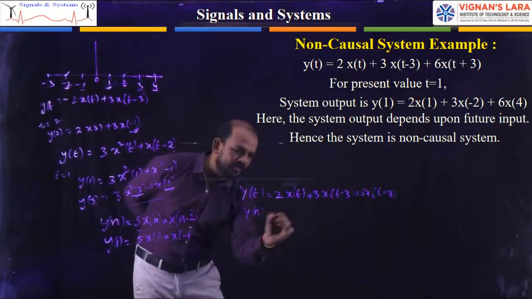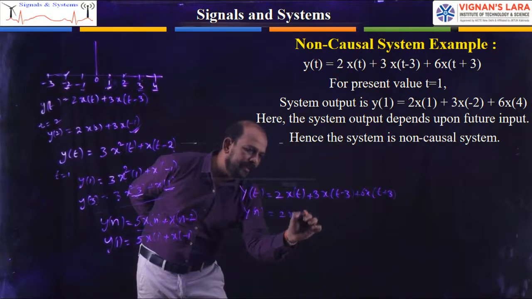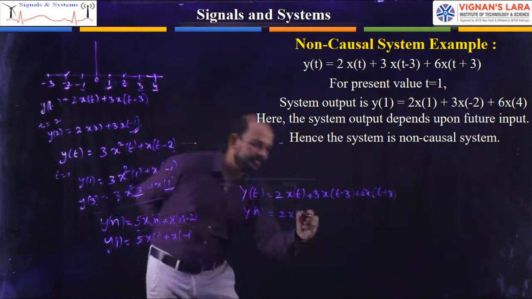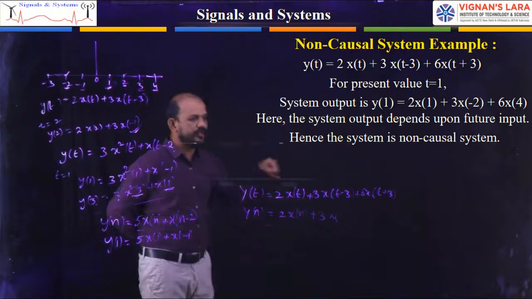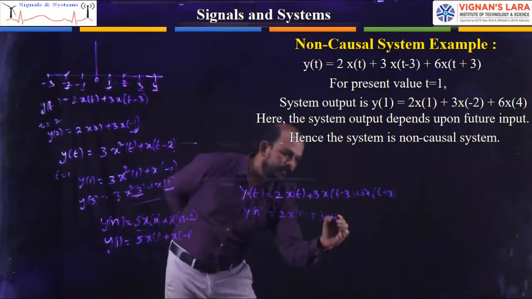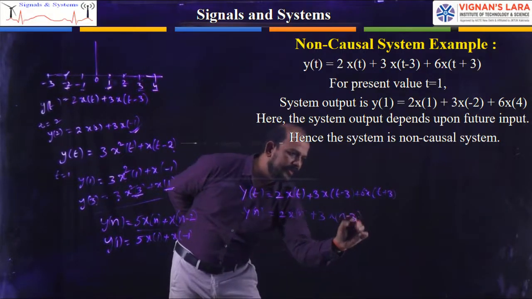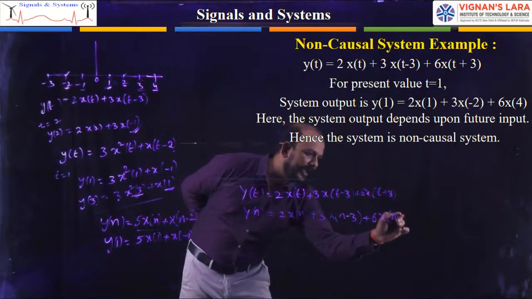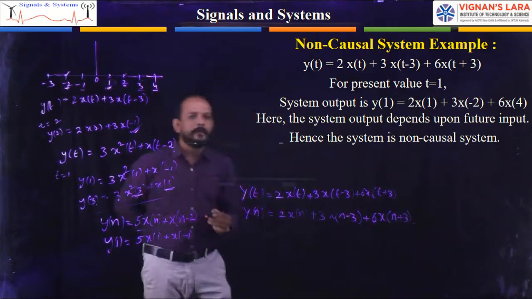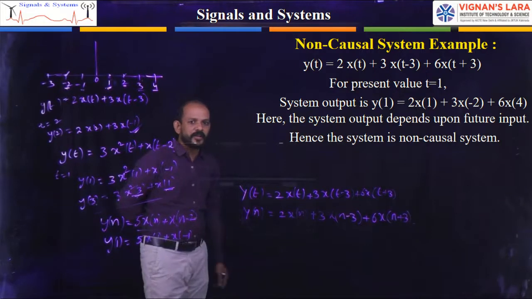y of n equal to 2 into x of n plus 3 into x of n minus 3 plus 6 into x of n plus 3. Okay, this is the equation that is given.